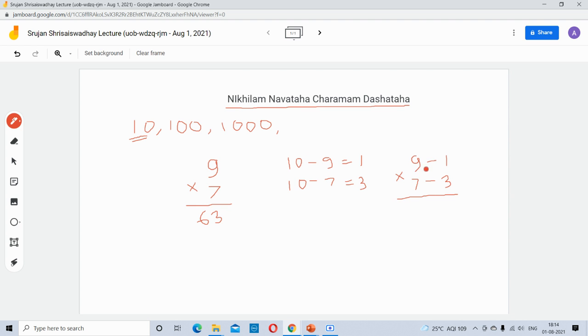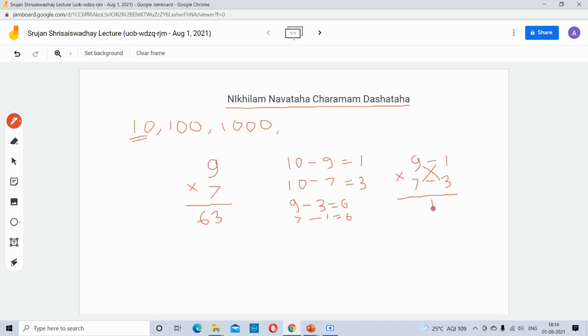Okay. Now, what I'm going to do is take a cross difference of this. That means 9 minus 3 is equal to 6, and 7 minus 1 is also 6. Okay.